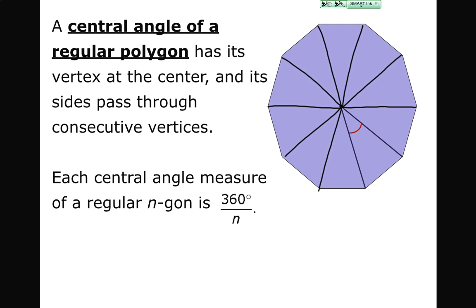How many degrees is each of those central angles? What should they all total? 360 degrees. They will all be the same in a regular polygon, so 360 divided in this case by 10 would make 36 degrees for every central angle.